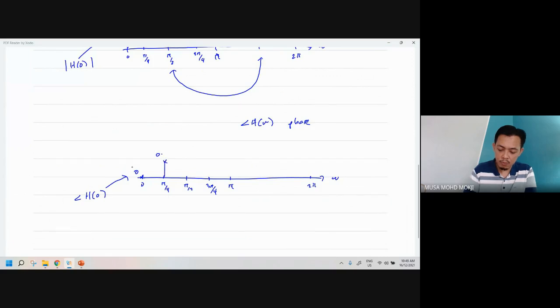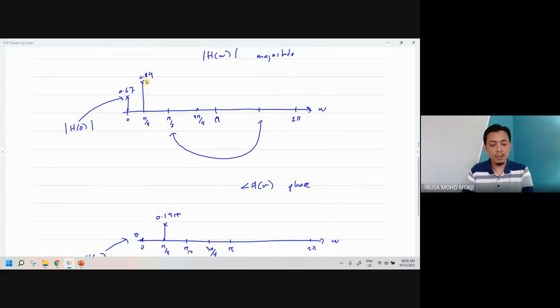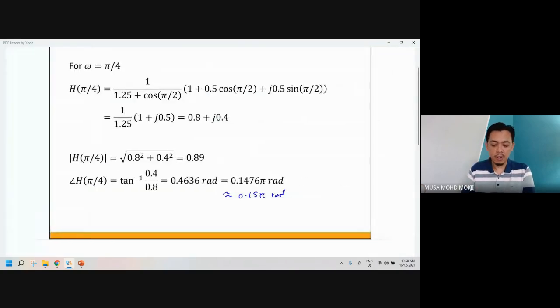What is this? This is the phase at pi over 4, and this one is the magnitude at omega equals pi over 4. Magnitude and phase. Okay, so that's the idea of how to do it.